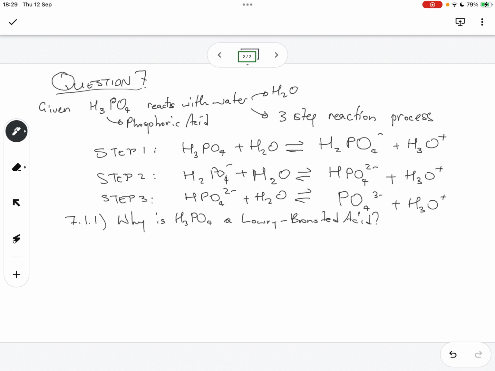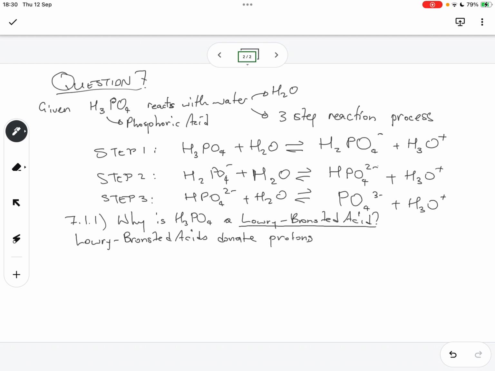What is a Lowry-Bronsted acid? An acid is a proton donor, then a base is a proton acceptor. Oh, good. So Lowry-Bronsted acids donate protons. That's very good.